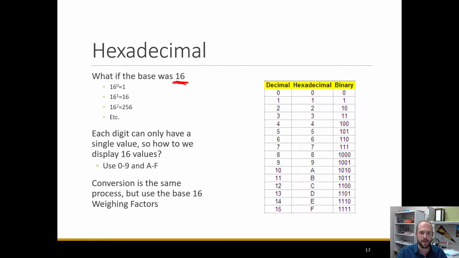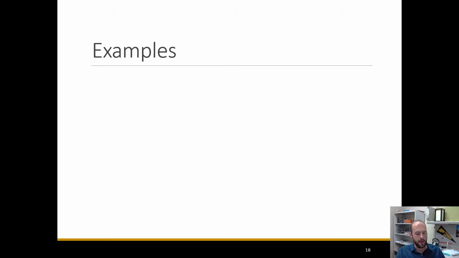So for example, 15 in hexadecimal is F. In binary, it's 1111. In decimal, it's the number 15. We will come back to that in just a moment. But really, we can just think about the base 16 and how that applies. So for example, if I had the number AB in base 16 hexadecimal and I wanted to have that in base 10, I just place it on its number line.